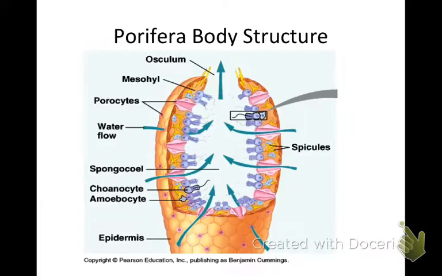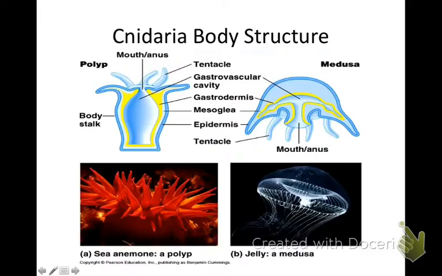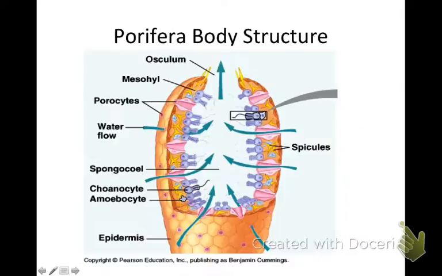Alright, moving on. So this is what their body structure looks like. They have this osculum, which is a very big opening. They also have, of course, as you can see in here, these are the porocytes where water can enter.